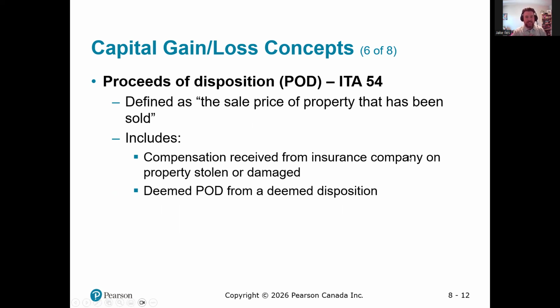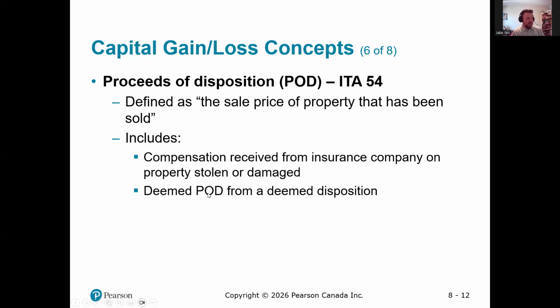So if I have a building that caught fire and the insurance company pays me out for that destruction, those insurance proceeds will be my proceeds of disposition. If it wasn't insured, then my proceeds are zero. If it was insured, then those proceeds are whatever dollar amount I received.